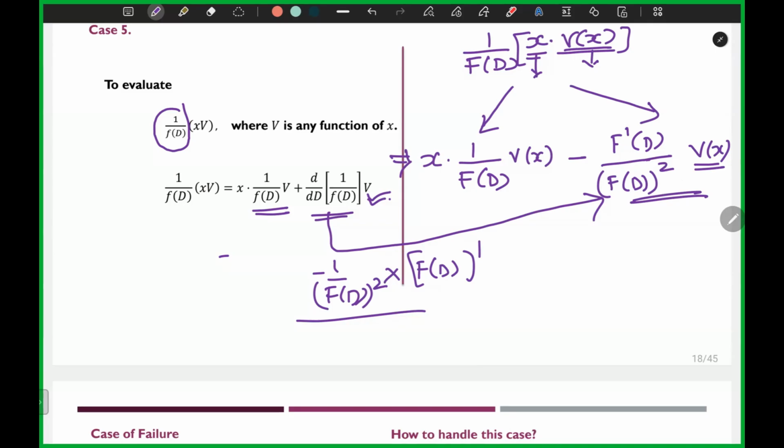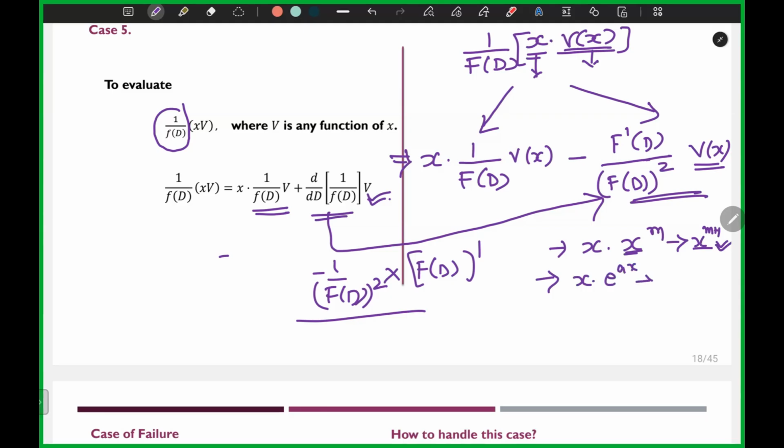So now you can check which cases these are. If V(x) is some function of x to the power n, it is again converting to x to the power m plus 1, so this case is already covered. Next we have x into e to the power ax.